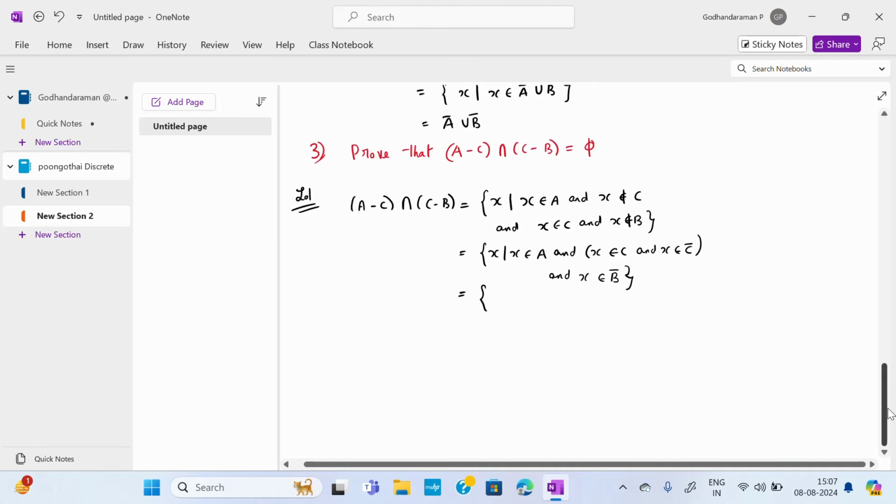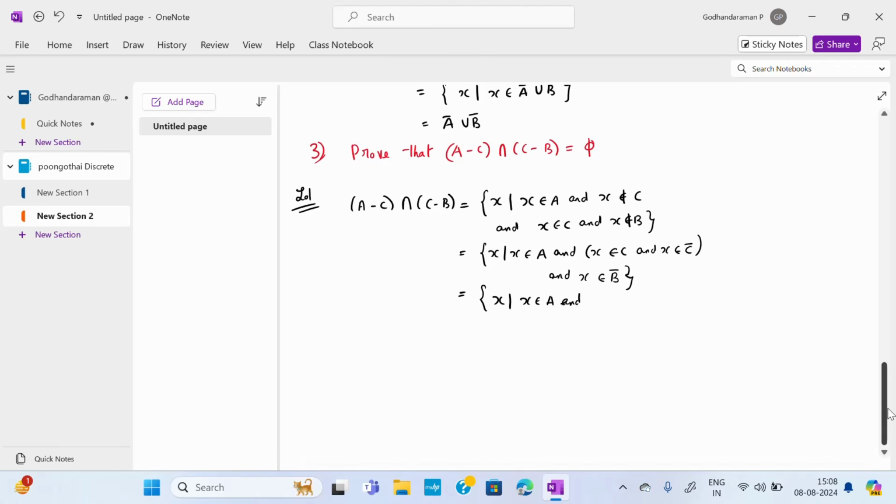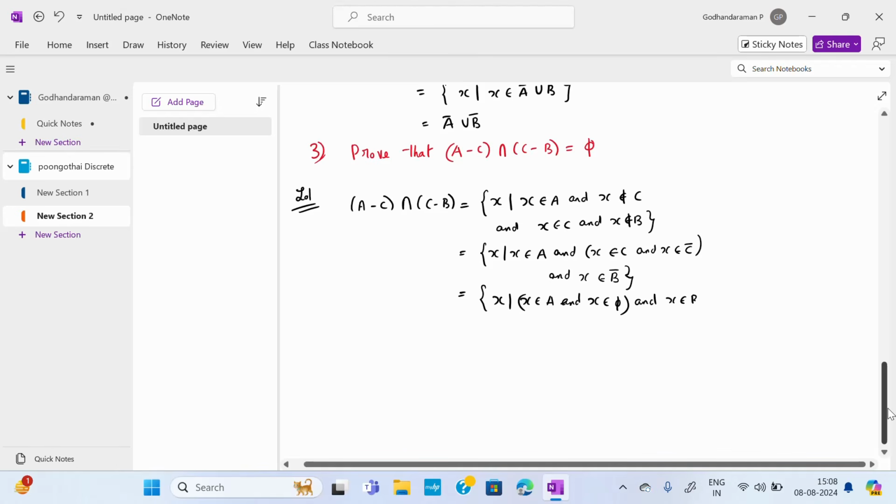So next step, when I write it, x such that x belongs to A as it is, and x belongs to C and belongs to C bar, which is nothing but phi. x belongs to phi, and x belongs to B bar.